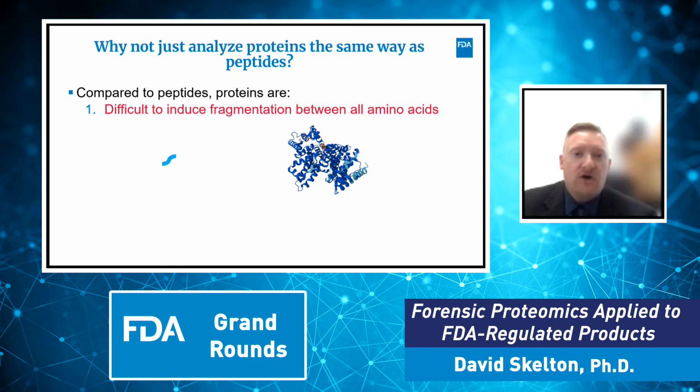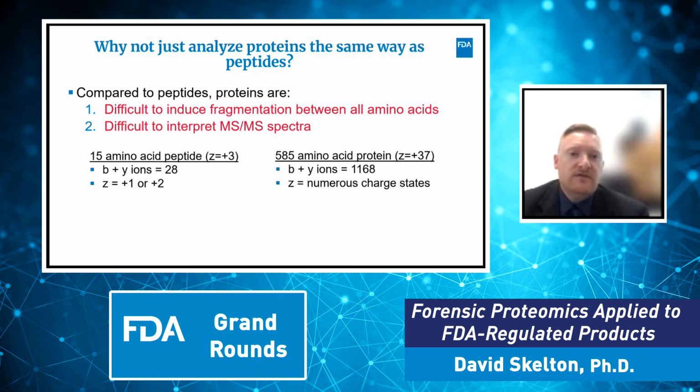And the identity of all of these proteins and peptides is determined by their sequence. So if we can't determine the sequence, we can't say what the identity is. So it's difficult to be able to induce fragmentation between all of them. Additionally, the MS2 spectra is much more difficult to interpret the larger the amino acid sequences are.